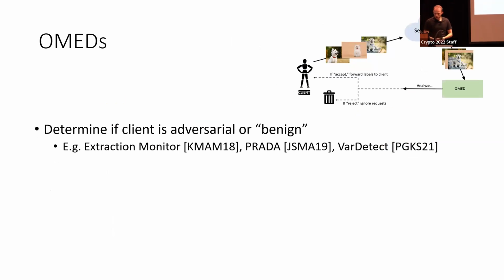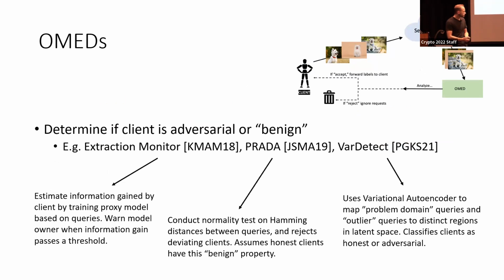The point of this OMED, of which many practical instances exist in the literature, is to determine if a client is acting adversarially or benign. I'm not going to talk about all the plenty of different instantiations that exist in the literature.